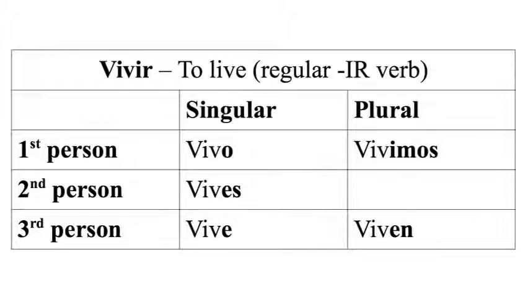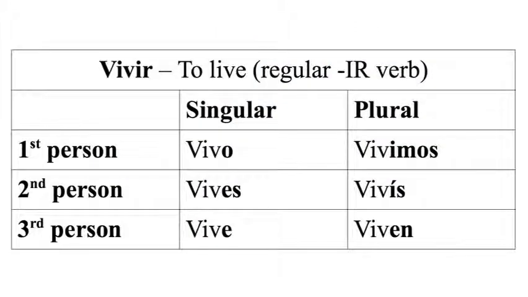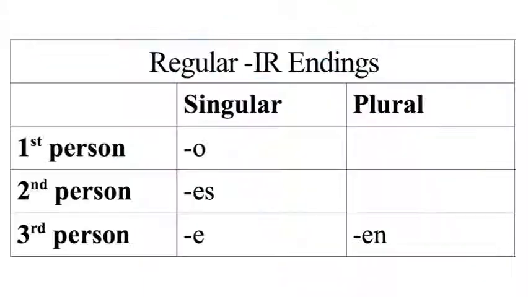The ending is IMOS. Now, the vosotros form is a little different, and you won't use it that often anyway, so I'll just give it to you straight. It's just an I with an accent and then an S. Vivís. You live. But remember, you only use this form when you're in Spain, talking to a group of friends or people you're very comfortable with.